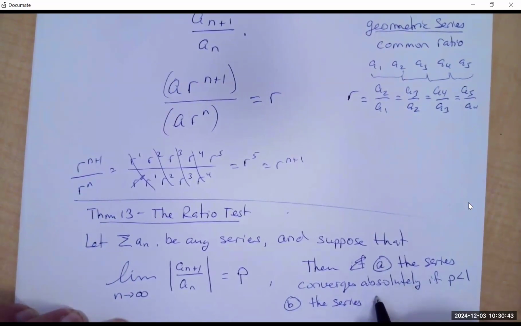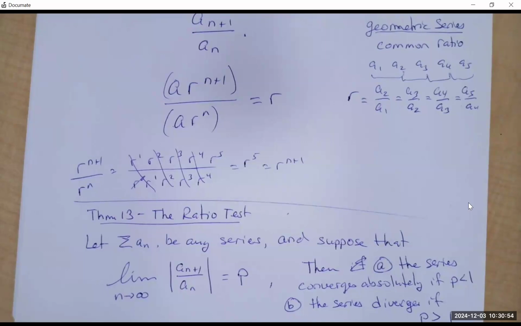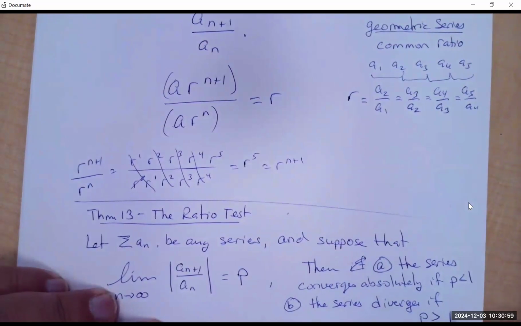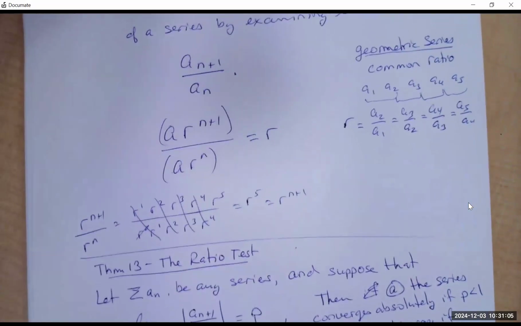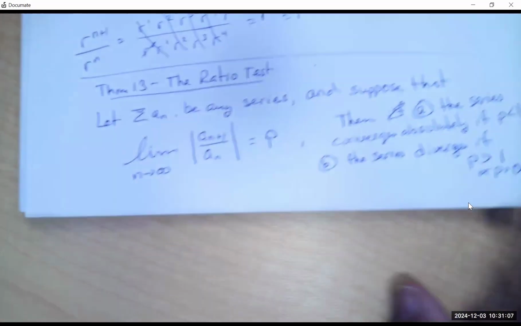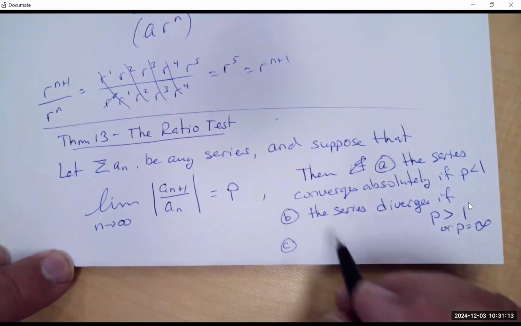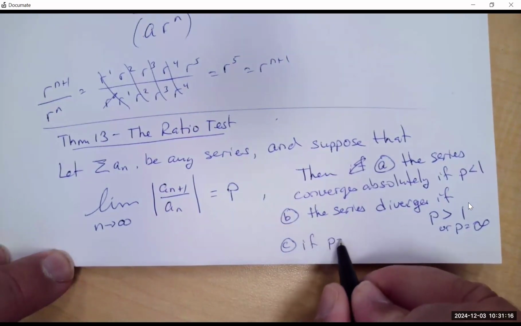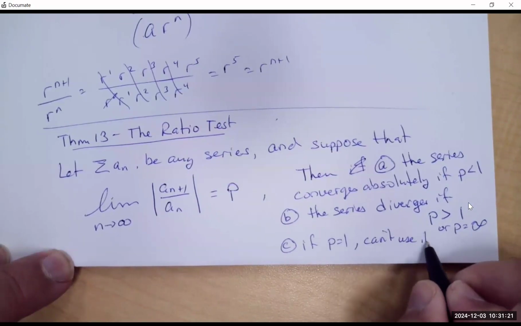The series diverges if p is greater than 1, or p is infinite. And the last one, if p equals 1, we can't use the test.